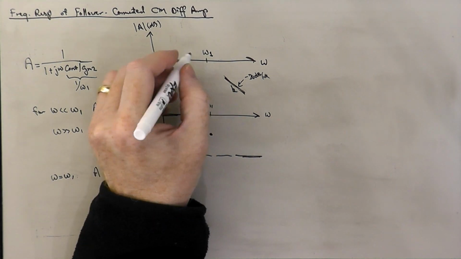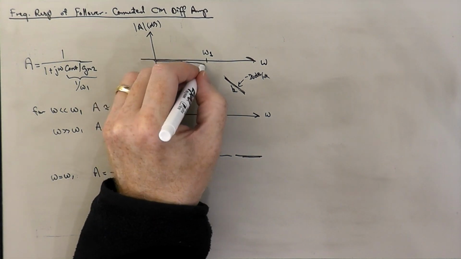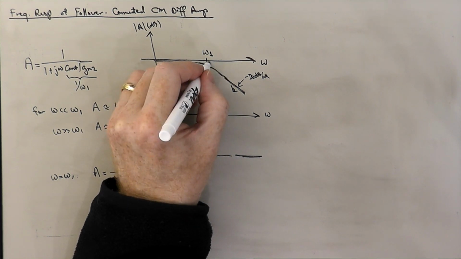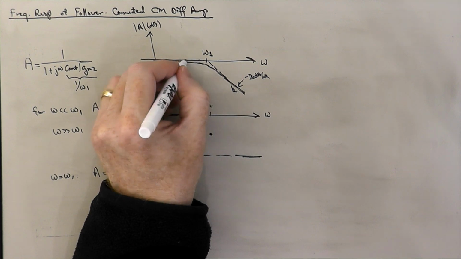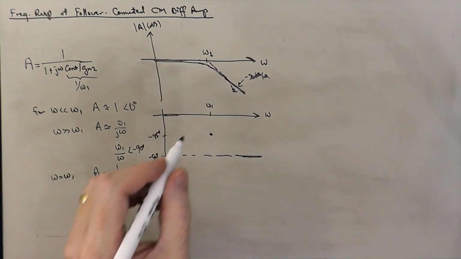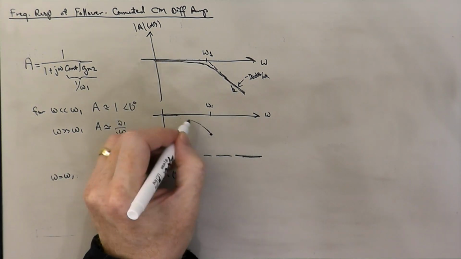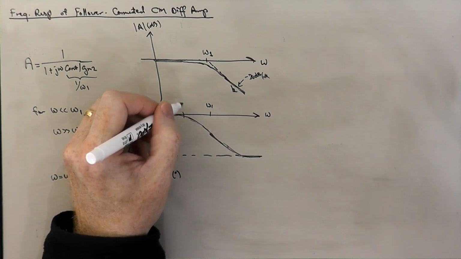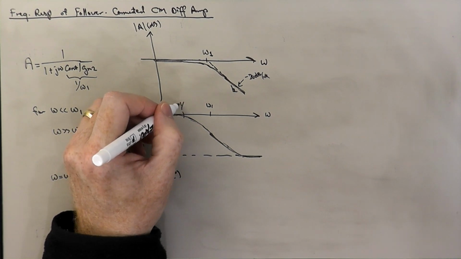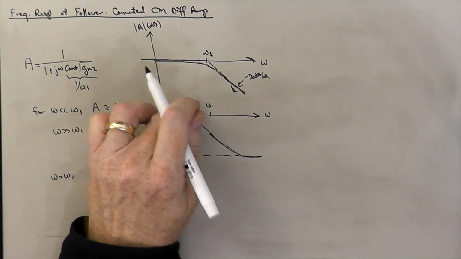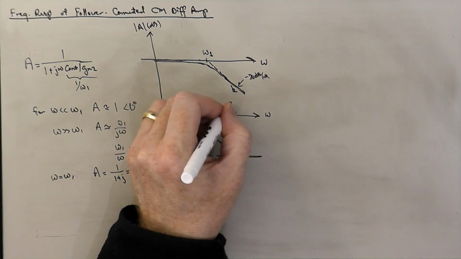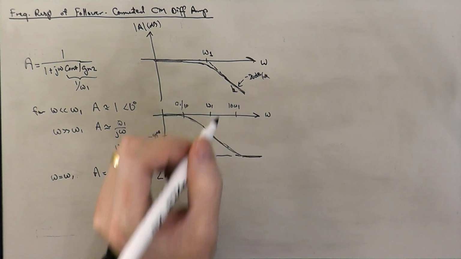And so that's going to be down by 3 dBs from the intersection of the straight line asymptotes. And again, this is going to be approximately omega 1 over 10, and this is going to be approximately 10 omega 1.